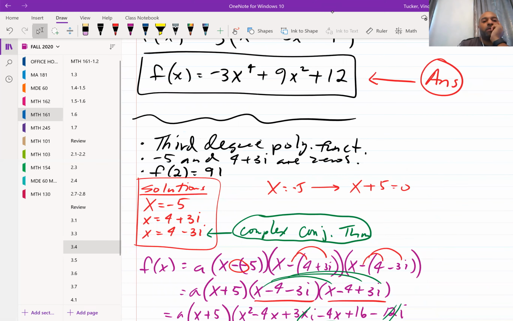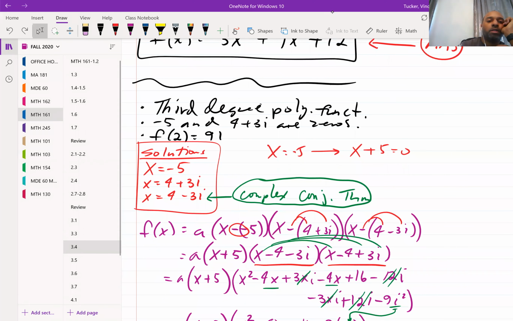All right, so notice our solutions are here. That third one comes from the complex conjugate theorem. They gave us 4 plus 3i. So that means 4 minus 3i is also one. Let me erase this.